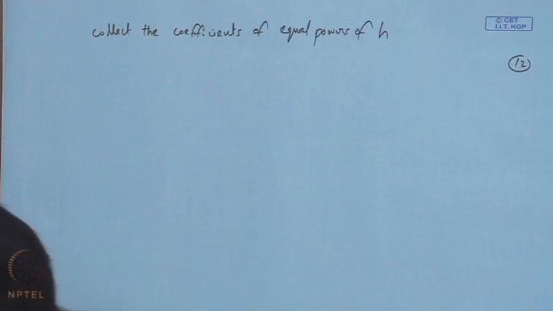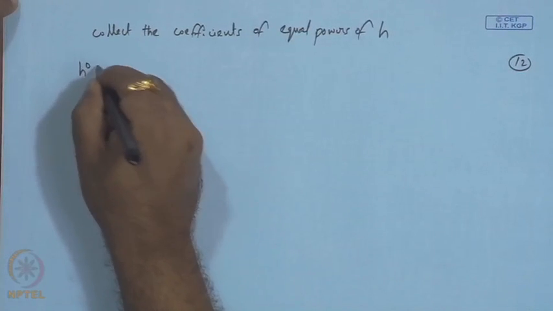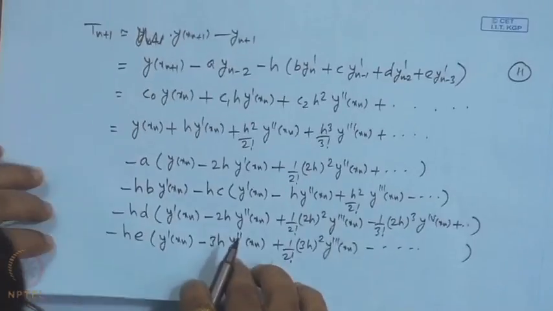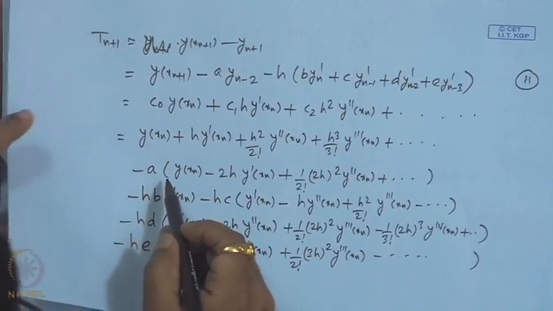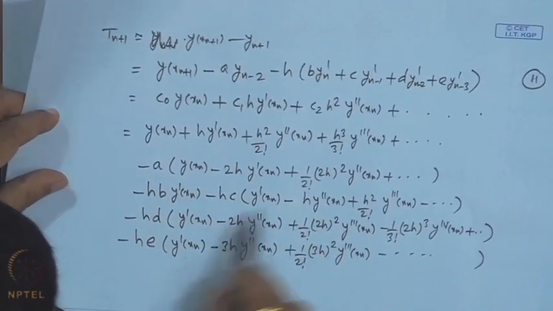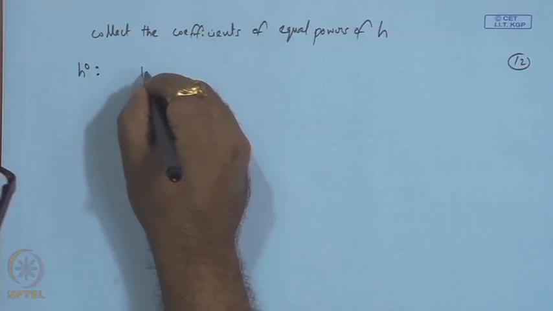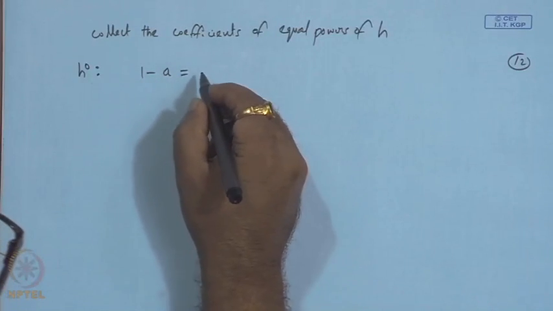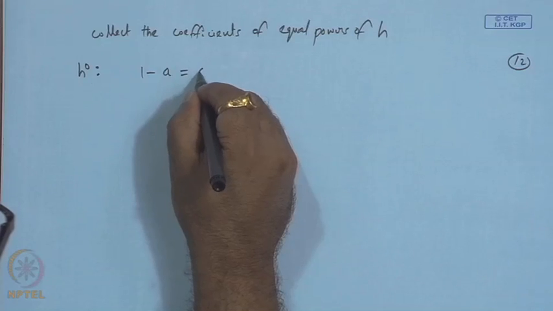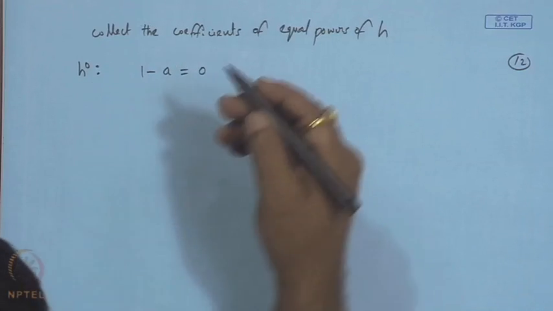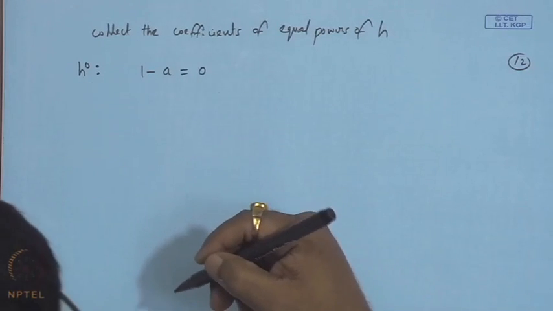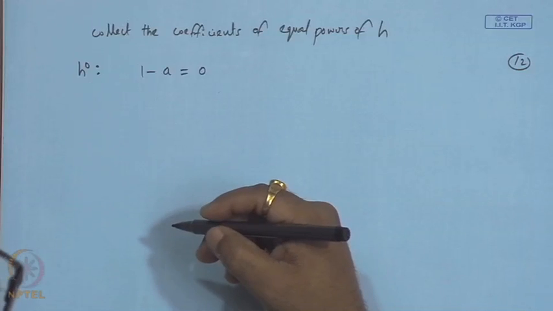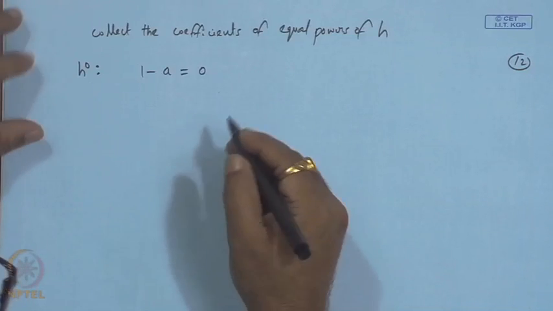So, to start with h power 0, h power 0 is 1 minus a and there is no other term. So, 1 minus a, this is our C 0 in fact, and we have to force it to 0, because we are trying to obtain a fourth order method.